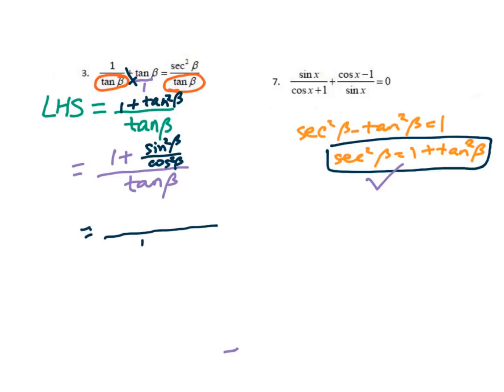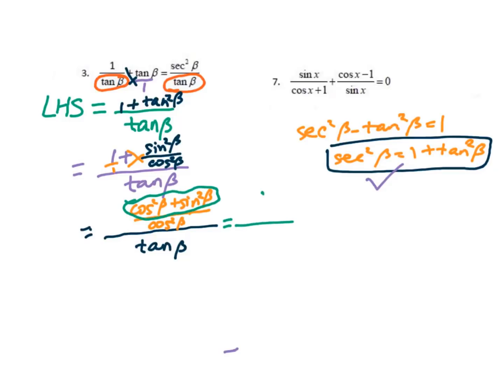Therefore, the denominator is tangent beta. We still do addition of fractions, that's cosine squared beta. Then cosine squared beta, we do cross multiply with sine squared beta. This part, that's 1.